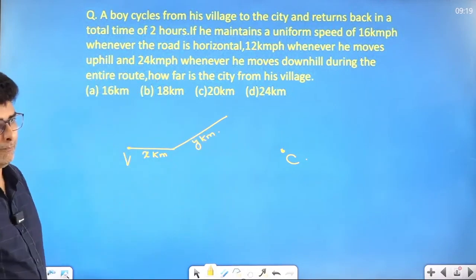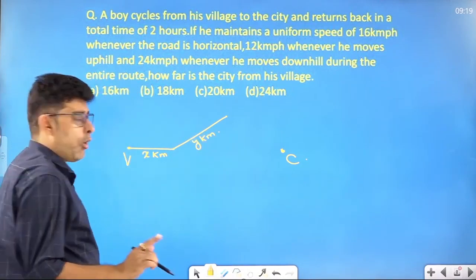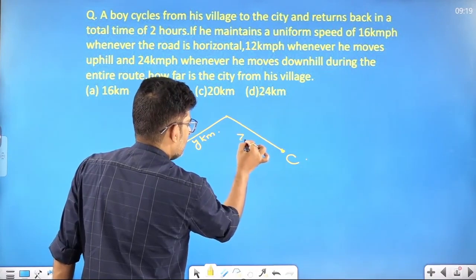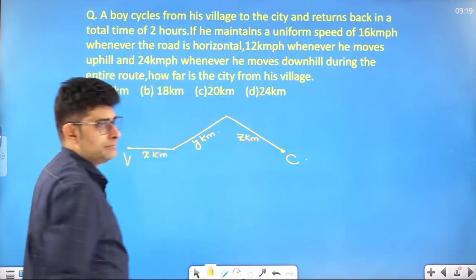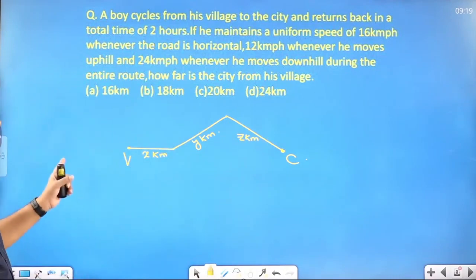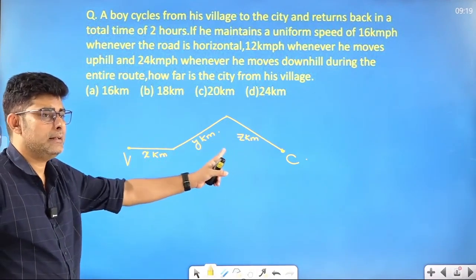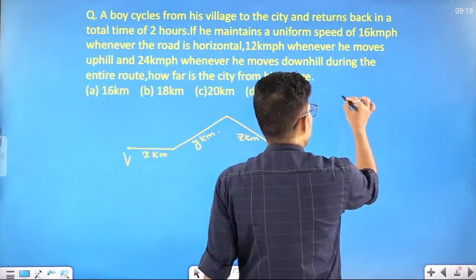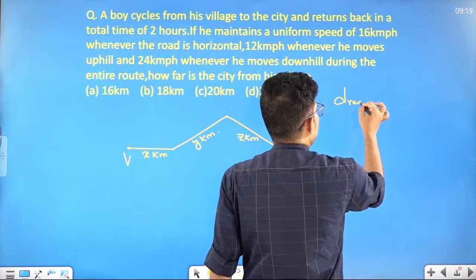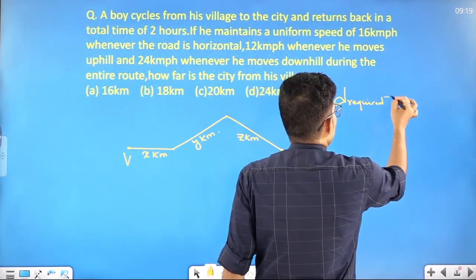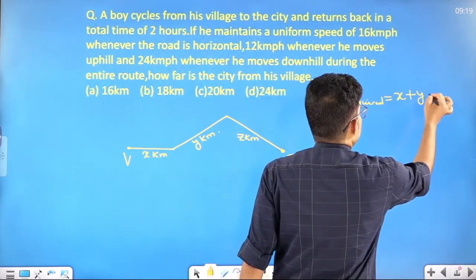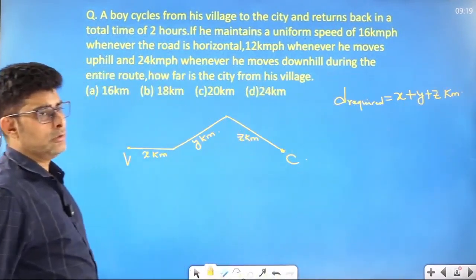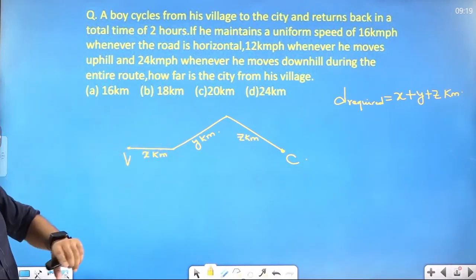And all the downhill portions, I don't know, I am taking it as z. So x, y and z, these three distances, so the required distance between the village and the town or city is x plus y plus z kilometers. Understood? x plus y plus z kilometers.